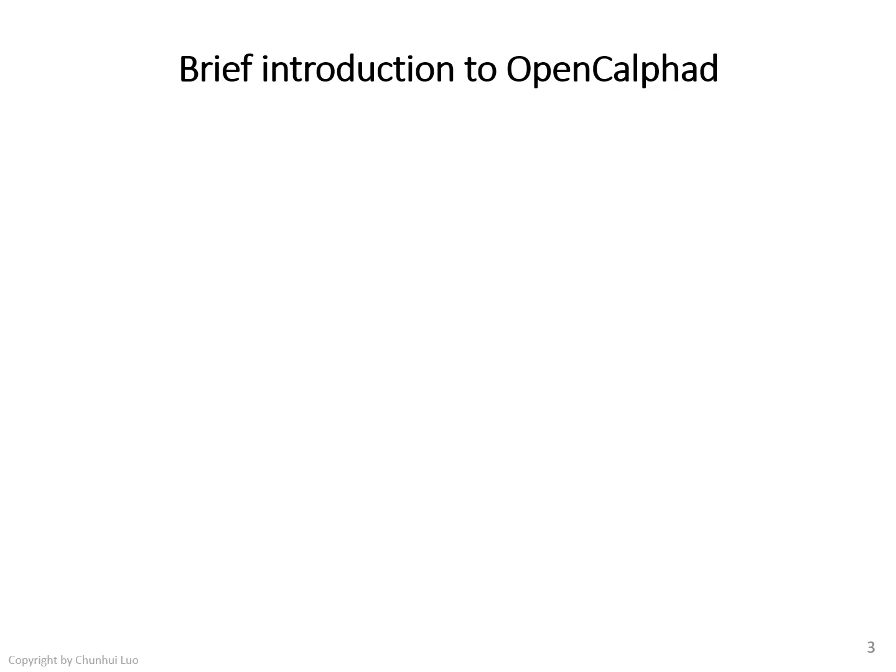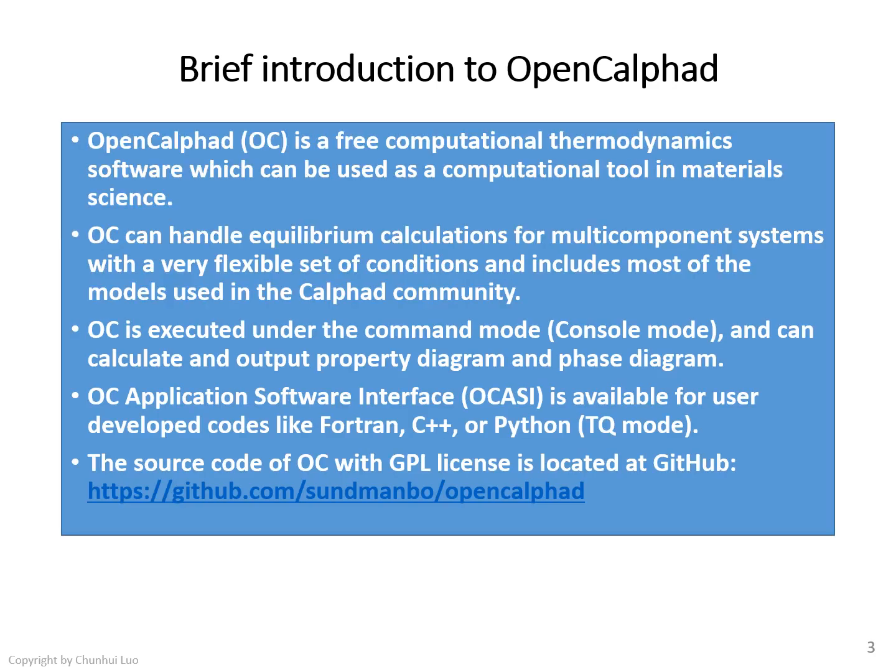Here is a brief introduction to OpenCalphad. OpenCalphad, which is called OC, is a free computational thermodynamics software which can be used as a computational tool in materials science. OC can handle equilibrium calculations for multi-component systems with a very flexible set of conditions and includes most of the models used in the CALPHAD community.